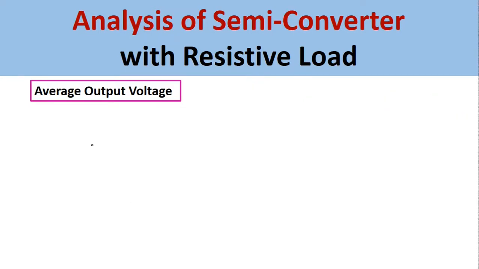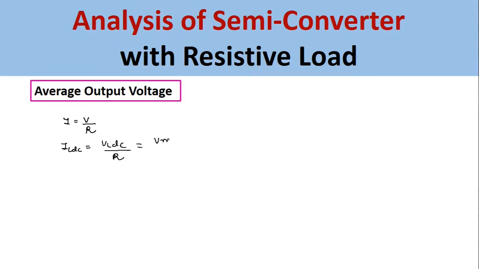So this is the equation of average output voltage or the DC output voltage for the semi converter with resistive load. Now we have to find out the DC output current or average output current. Since we are using resistive load and we know that current is equal to voltage by resistance, from this formula we will get ILDC is equal to VLDC divided by R. Now we will put the equation of VLDC here.